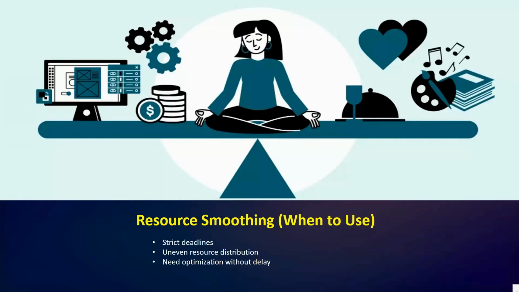Next, we have here the resource smoothing when to use. So, when should resource smoothing be applied? Here you can see when we have the strict deadlines, uneven resource distribution, need optimization without delay. Okay, so when the project has strict deadlines that cannot be shifted, and when the workload distribution is uneven, creating high peaks and low troughs of resource use, then you can say when you need to optimize resources but without delaying the project.